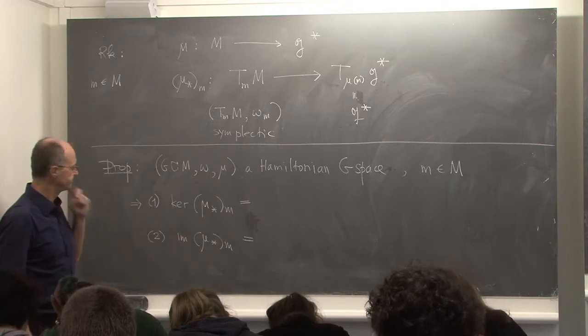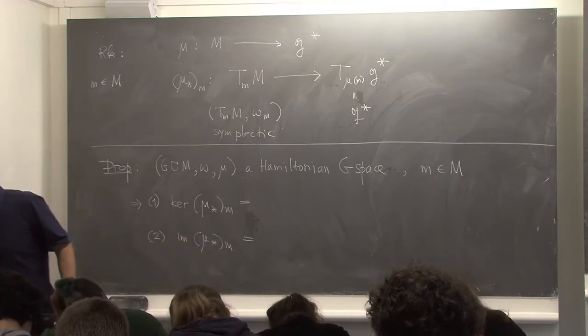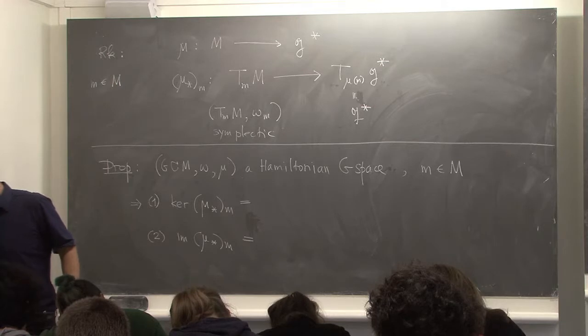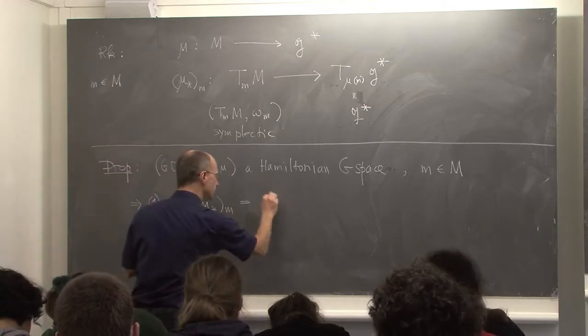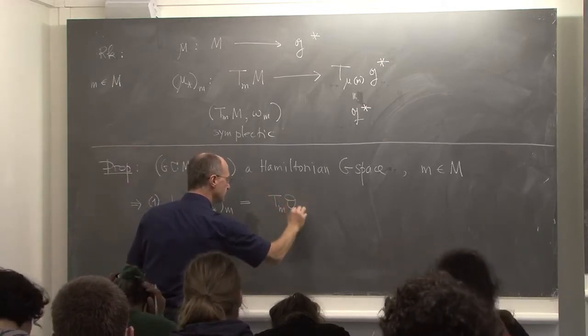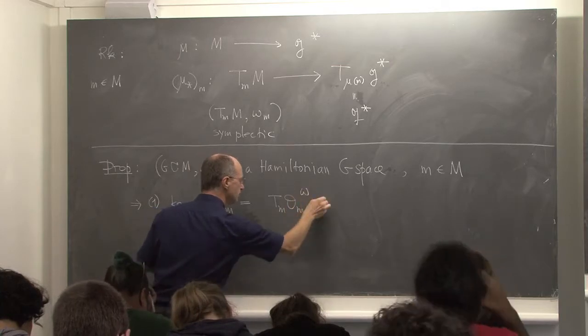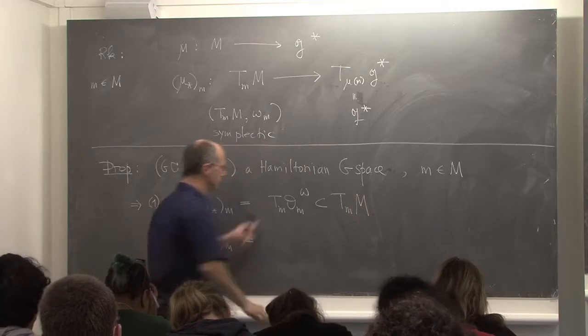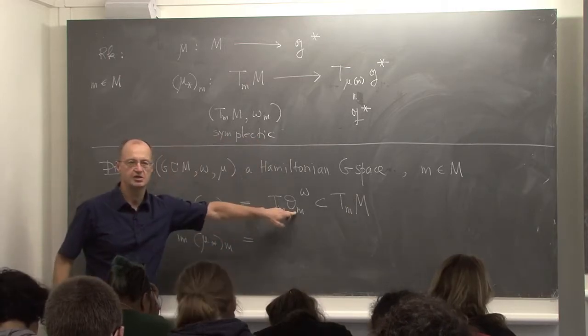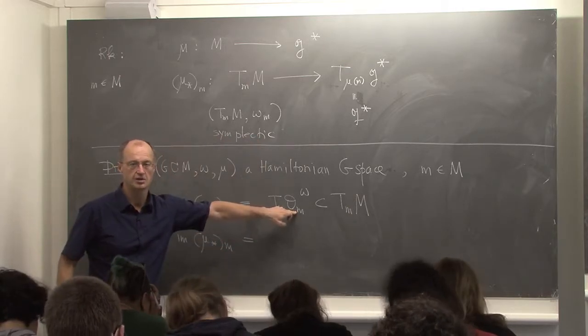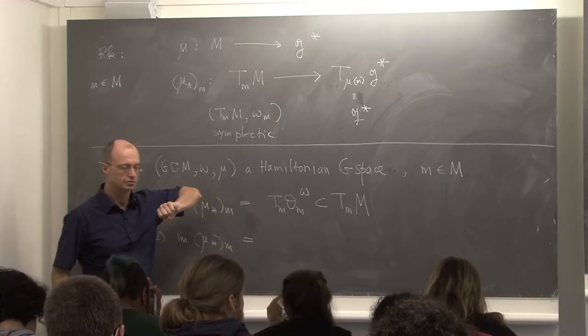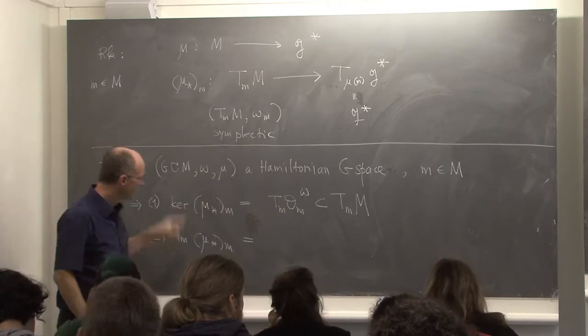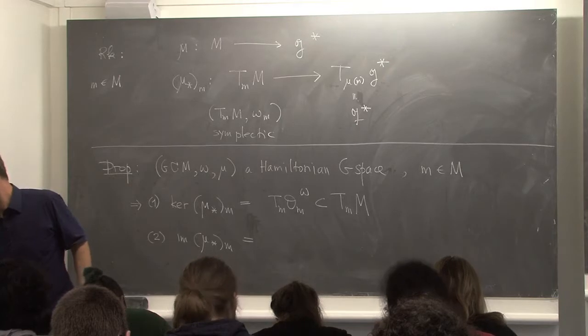So what's the kernel? So the kernel is the omega orthogonal to the tangent space of the orbit which passes through the point. And what's the image?